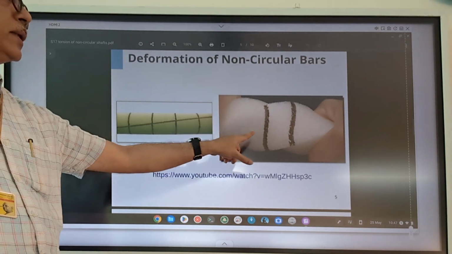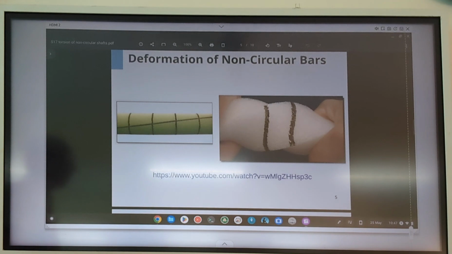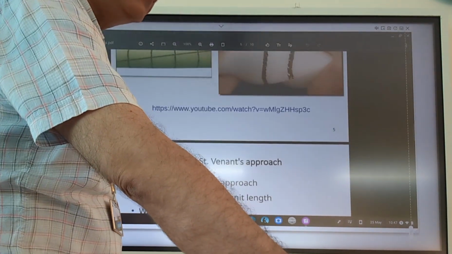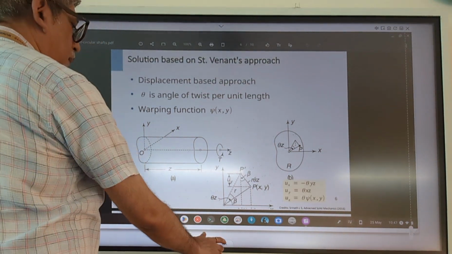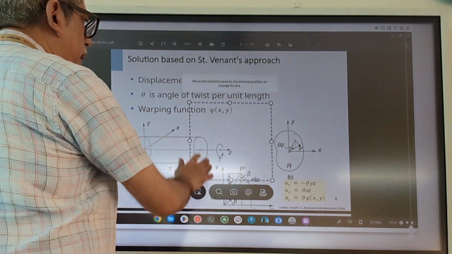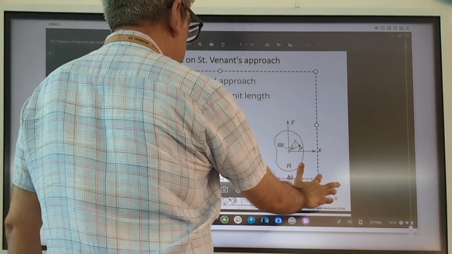So that plays an important part in the subsequent discussion. So let's quickly understand how this particular phenomenon can be captured.